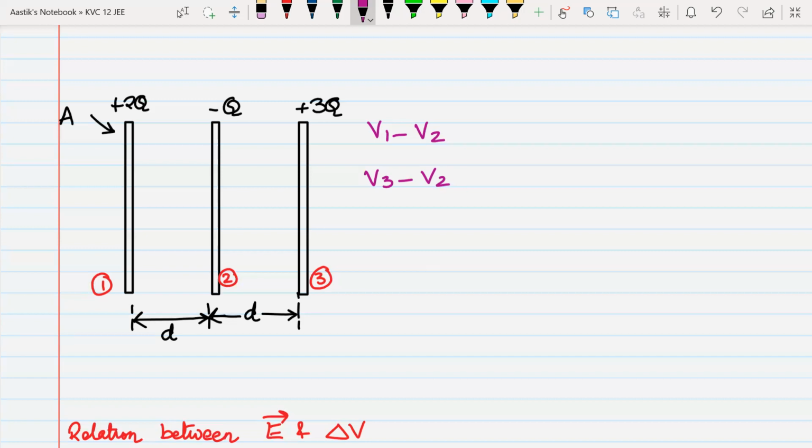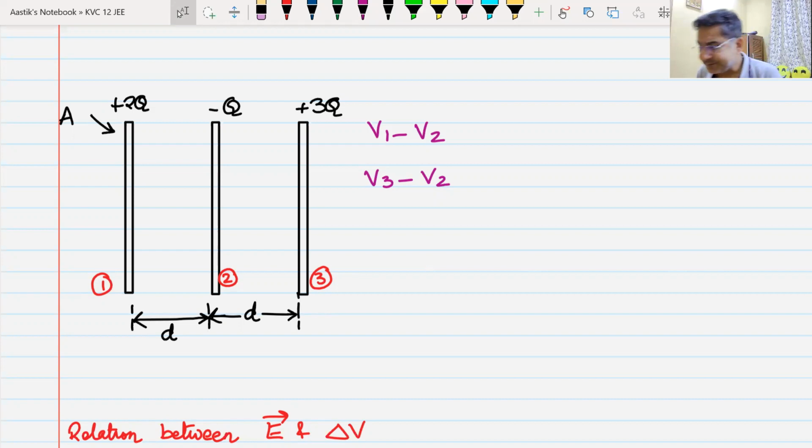Anyone can tell me how are you going to do this? How are you going to find the potential difference? So what you got to do is find the electric field between these.